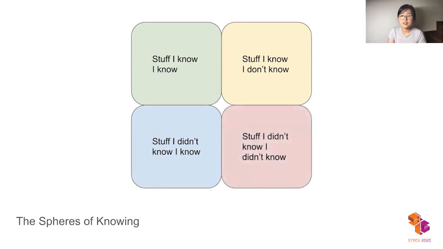And the last one is stuff I didn't know I didn't know. This is an extension of the stuff you knew that you didn't know, but it's emphasizing the scope of what you don't know. You might have thought that you didn't know this much, but actually the range of what you didn't know was much more. Perhaps that integration with that third party had a lot of other details that you didn't consider and didn't factor into your planning.